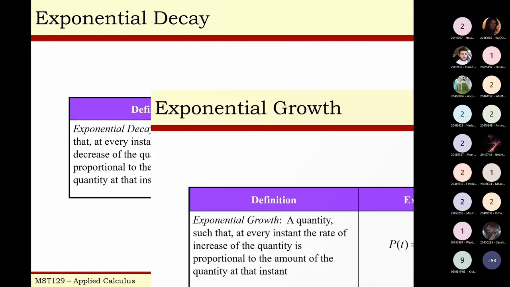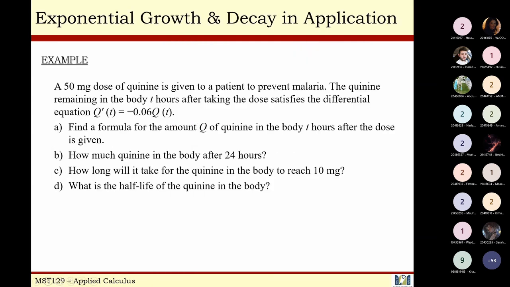Okay, now go to the example. The first example: we have a 50 milligram dose of quinine given to the patient to prevent malaria.